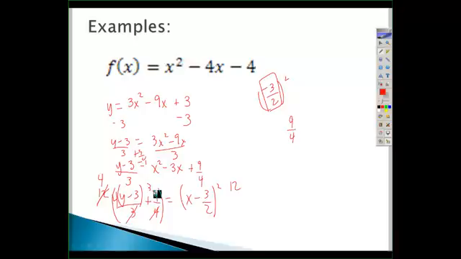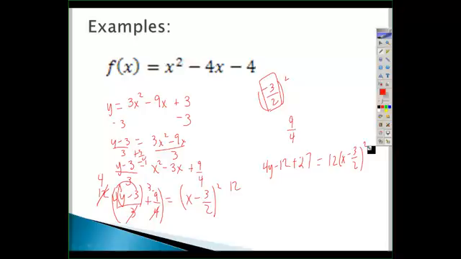So when I simplify this, what I'm actually going to have is 4y minus 12 when I distribute. And on the right side, I'm going to have plus 27 when I continue on. Plus 27 equals 12 times x minus 3/2 quantity squared.